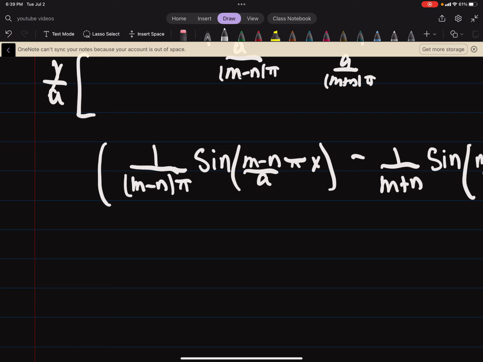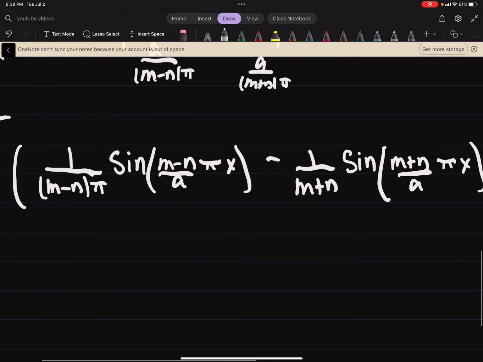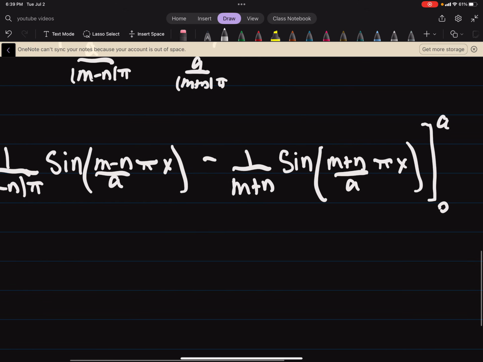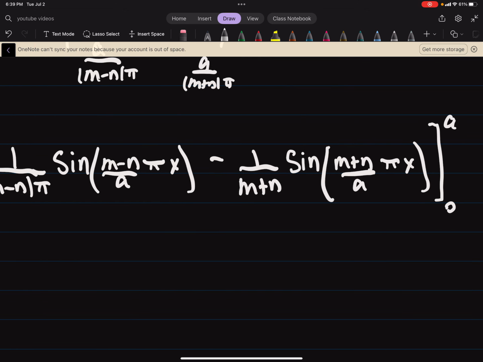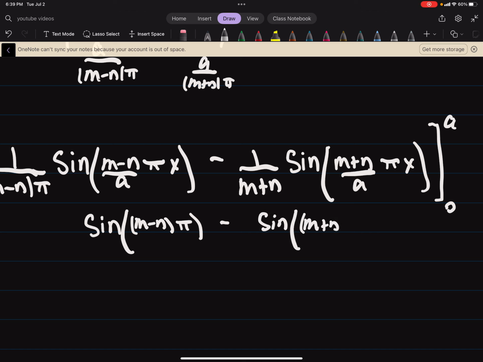Alrighty, so let's see. If we were to evaluate this, say we plug in a, you're going to get sine of (m minus n) times pi minus, we have the stuff up front, but it's not actually going to matter, sine of (m plus n) times pi.